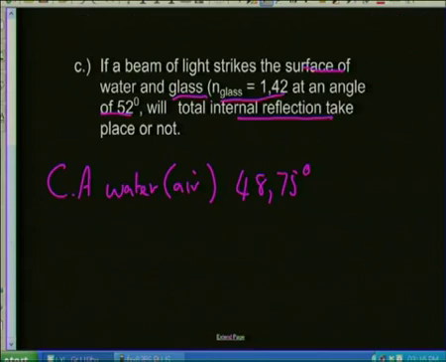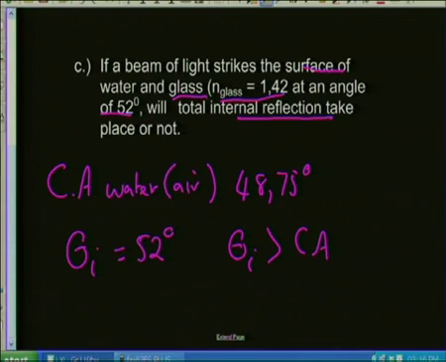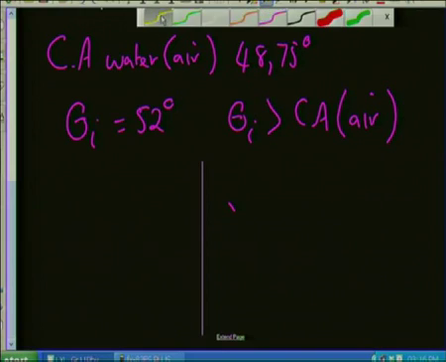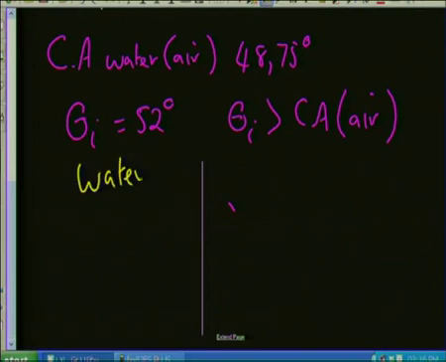We know that's the critical angle, and we know that this angle of incidence now is 52 degrees, which is greater than the critical angle, but that was with respect to air. So the question now is, if we are going from water on this side, and we're going into glass, not into air.